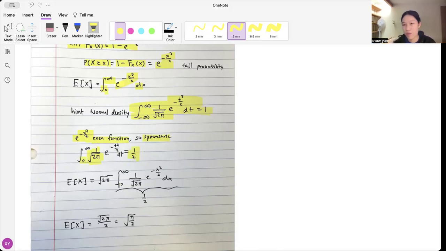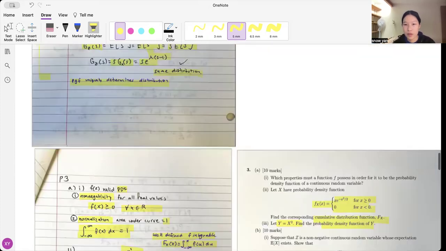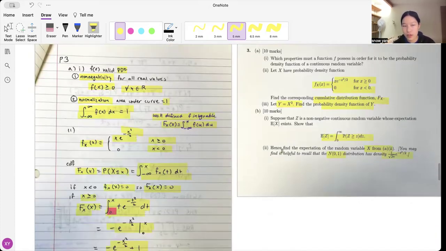So essentially what we have to do is put in an extra coefficient in front so that it matches that, and this probability is equal to 1/2. So then we have this coefficient times 1/2 as our expected value, which is square root of pi divided by 2, which is a very nice number. And I think that's it for question 2.